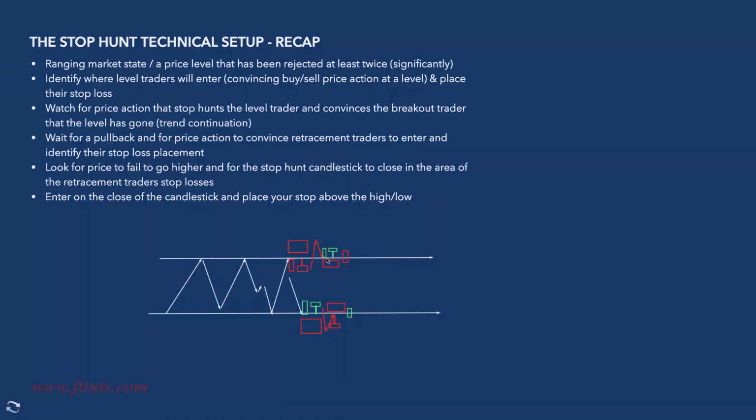So the lowest wick there, and we see a candle that closes within there, and that's where we want to then enter on the close of that candlestick. No matter the time frame, we enter on the close. So this would be your entry to the short side right there, with your stop 5 to 10 pips above the high.